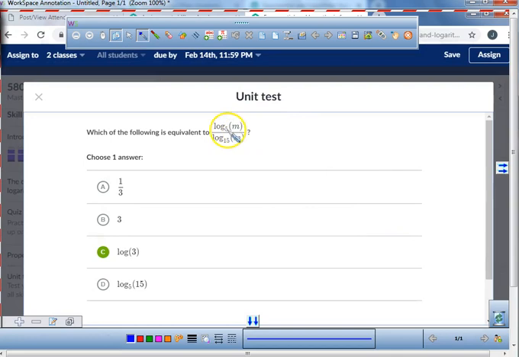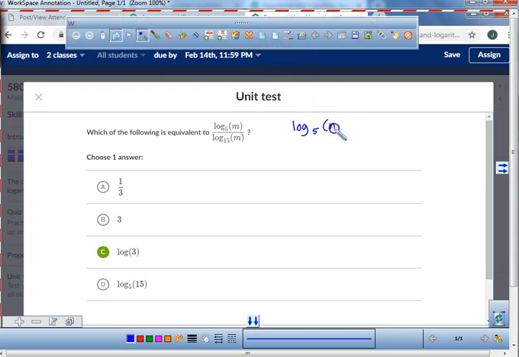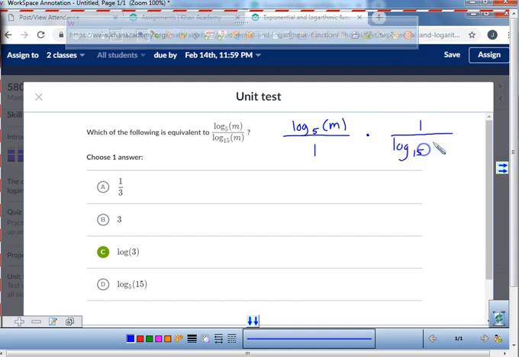This says log base 5 of m over log base 15 of m. So we're going to do what's called the change of base. So log base 5 of m over 1 times 1 over log base 15 of m.